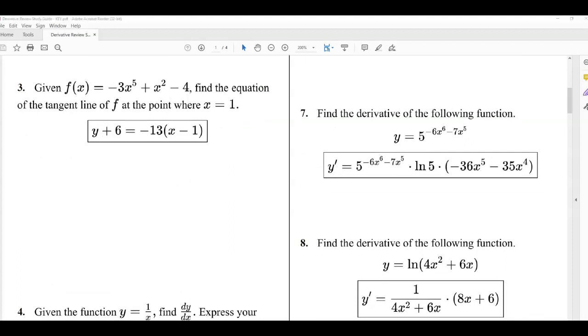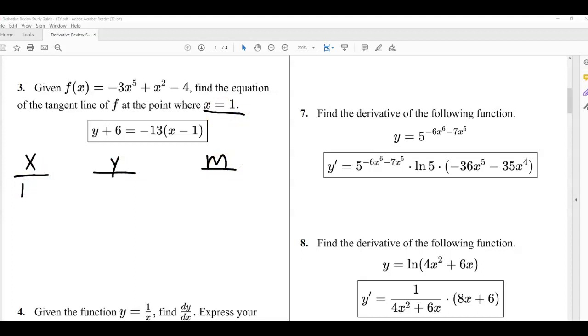Number 3, we want to find the equation of the tangent line. So the first thing we want to do is find our slope, which can be found by doing, well, actually, I'll teach it the same way I taught it before. We need an x value, we need a y value, and we need a slope. The x value is given.